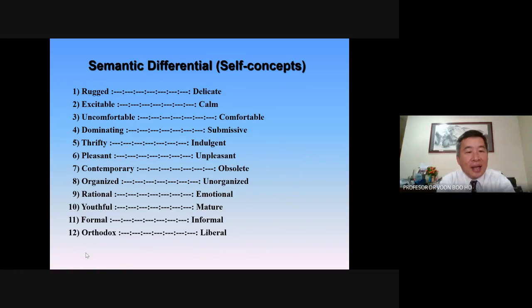For example, let's say you want to measure, in this case, self-concept, all these 12 words will be used, based on the literature, based on the book, or based on the journal article. And of course, you may have extra words based on your qualitative research. And you have to find the respective opposite meaning.